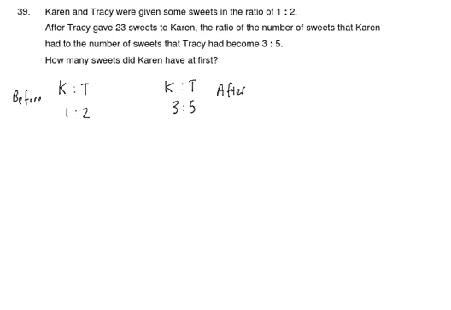Yes, they gave to each other. It's an internal transfer, right? So that's why total remain unchanged. Let's look at the total. So maybe I write total. 8, and this is 3.